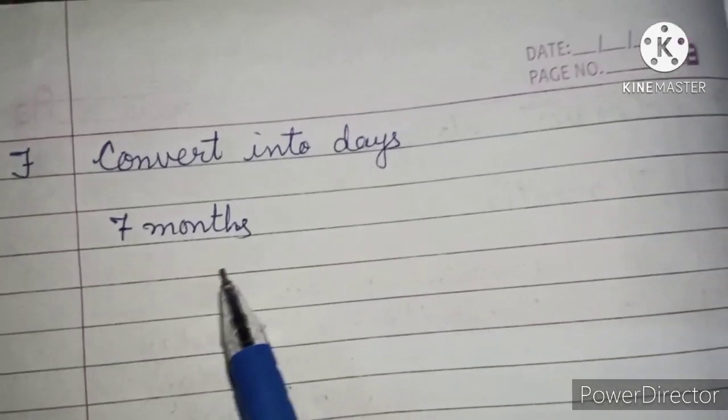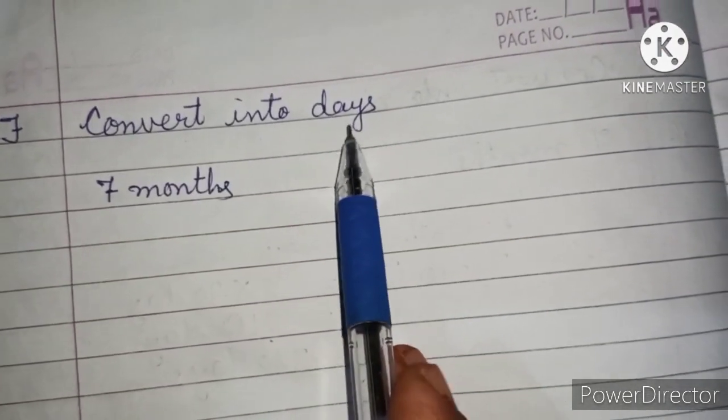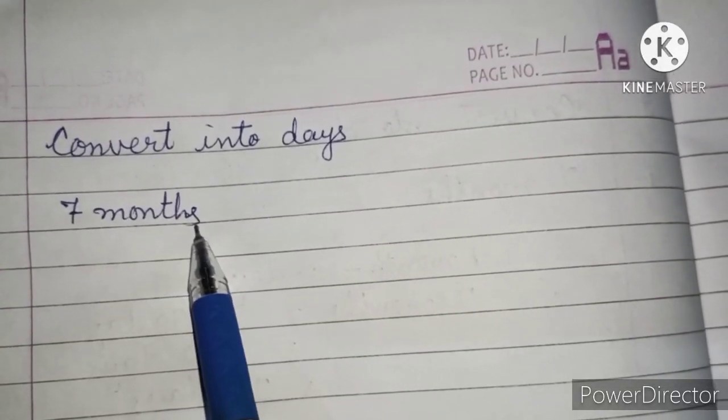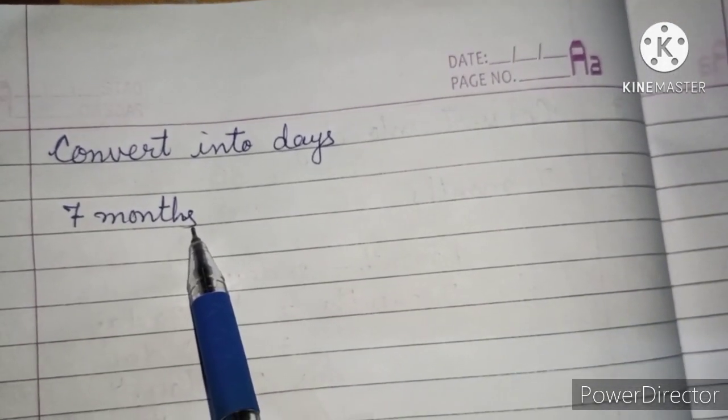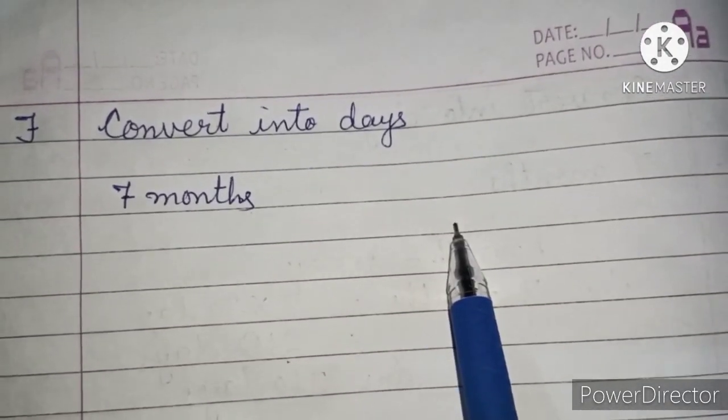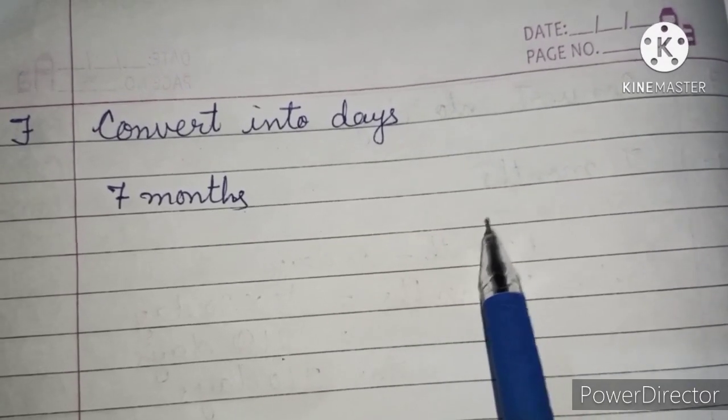Now next question is convert into days. Question is 7 months. Children, we will take the formula: 1 month is equal to 30 days.